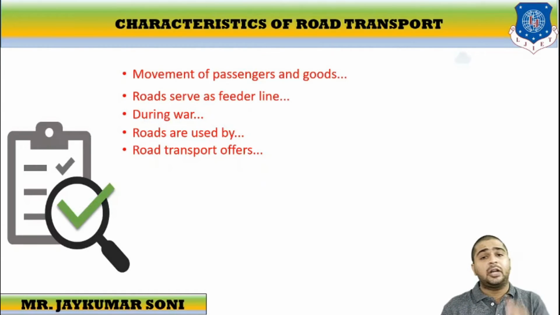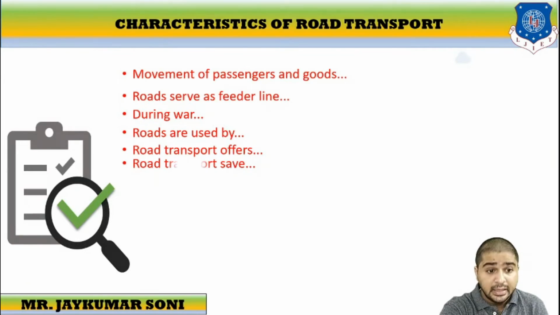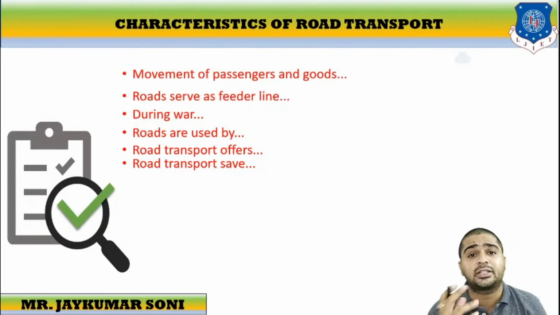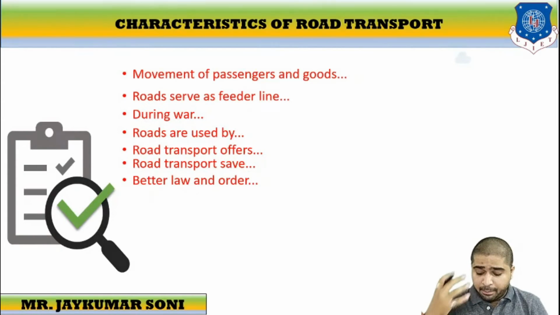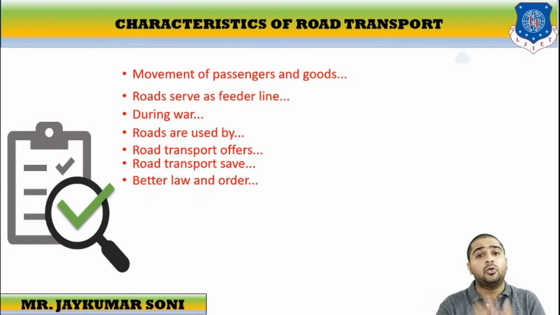They help the conveyance of people and goods from one place to another. Road transport saves time, particularly where short distance travel is required. Better law and order can be maintained only through a good road transportation network.